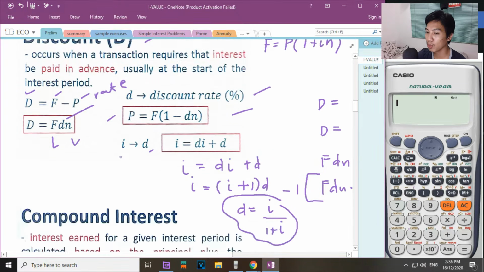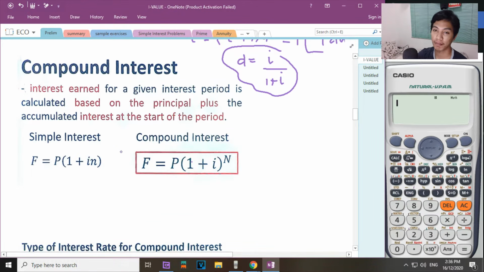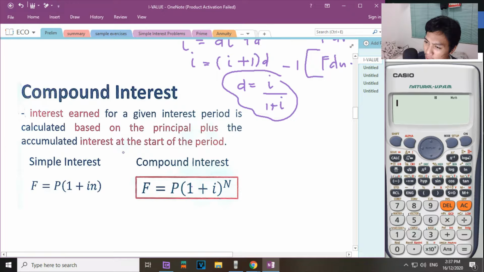Now, we will go to our compound interest. Siyempre, kaiba yan sa simple interest, yung compound interest. Sir, paano po? So, yan. It is the interest earned for a given interest period, and then is calculated based on the principal plus the accumulated interest at the start of the period. Okay. Sir, medyo magulo.